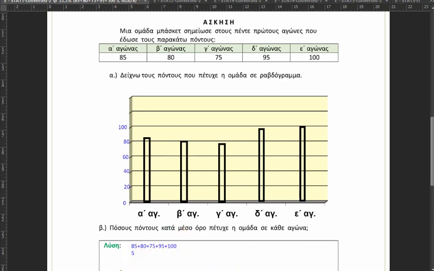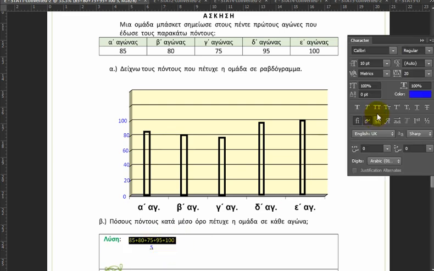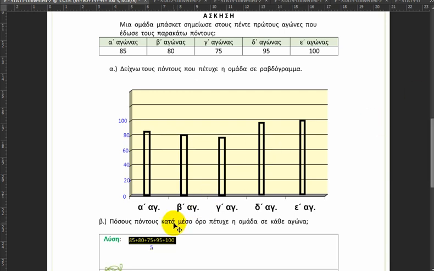Actually, let's write it like a fraction. So there you have it, the sum of all of these numbers divided by 5. And that is equal to what?